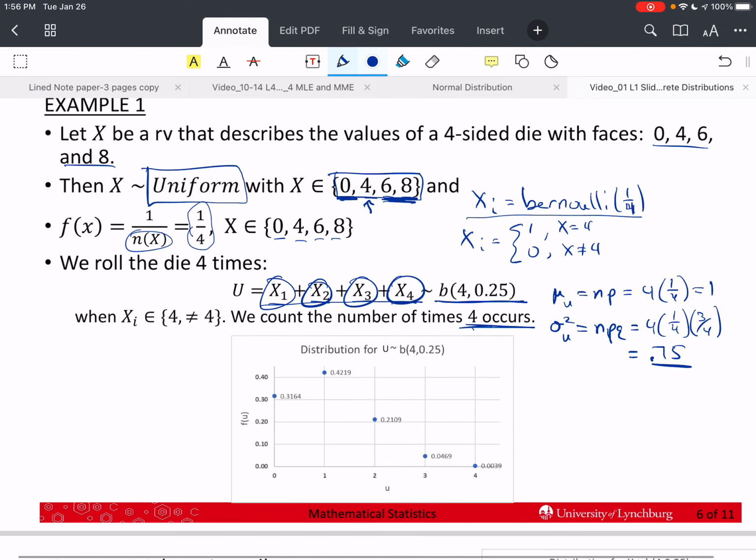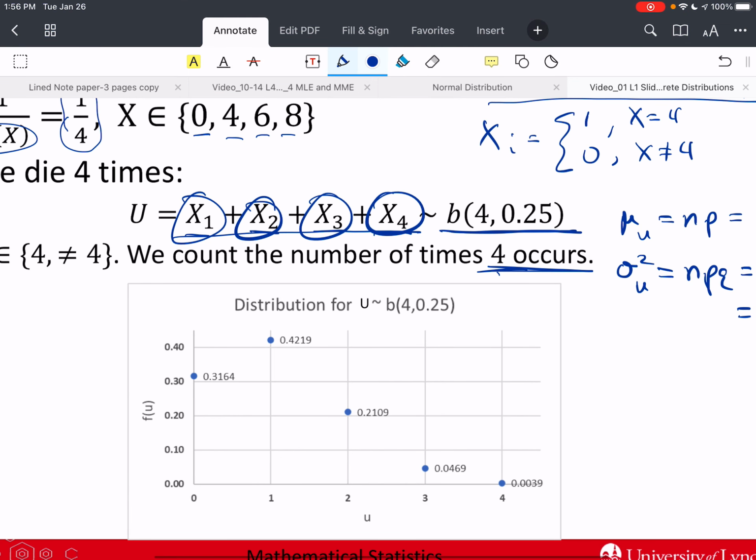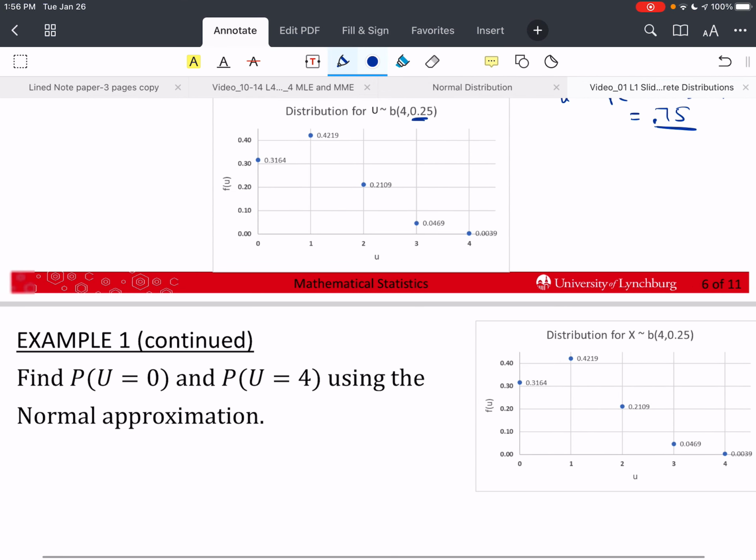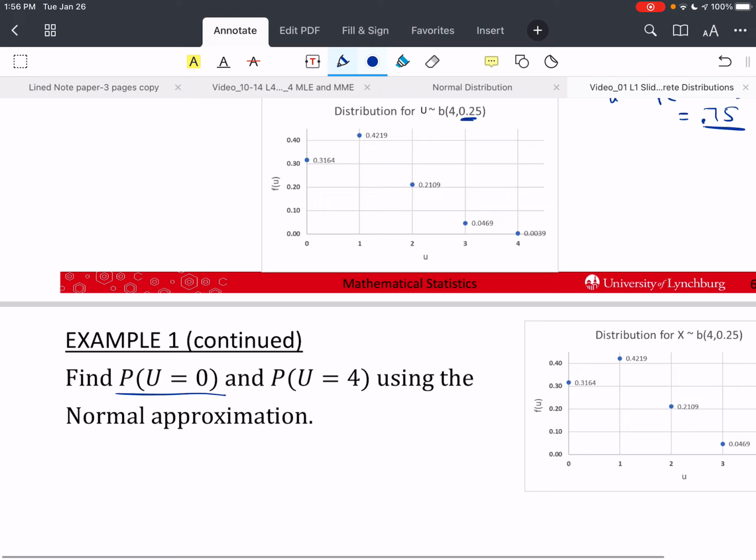And here is the distribution for u. Okay, so I've given it. It's not symmetric, notice. Not a symmetric distribution because p is not 0.5. All right. So we want to find the probability that u is 0 and the probability that u is 4 using the normal approximation. Okay?